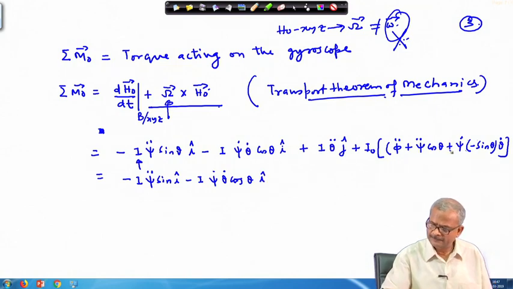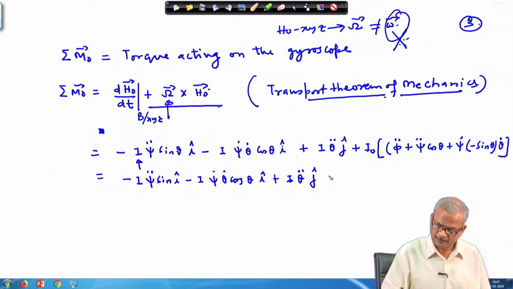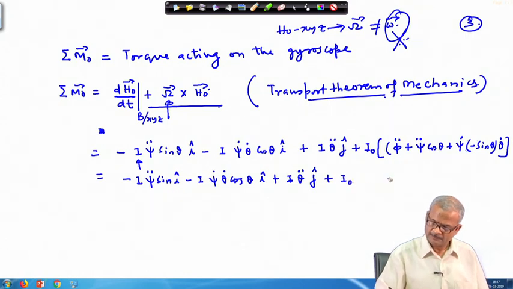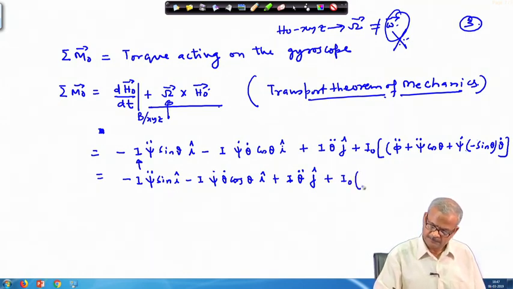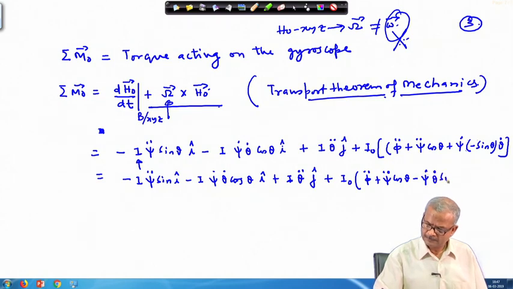We could have saved here by putting a minus sign here, one unnecessary step. And there is a k cap here.